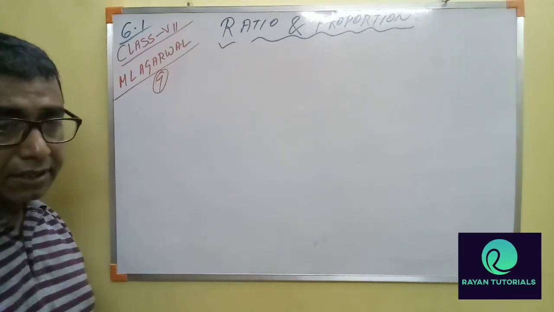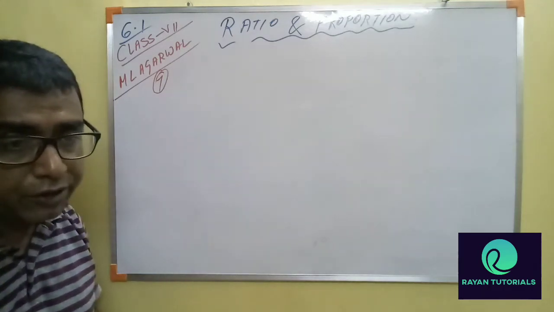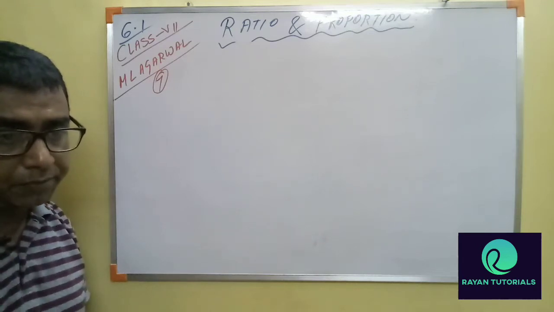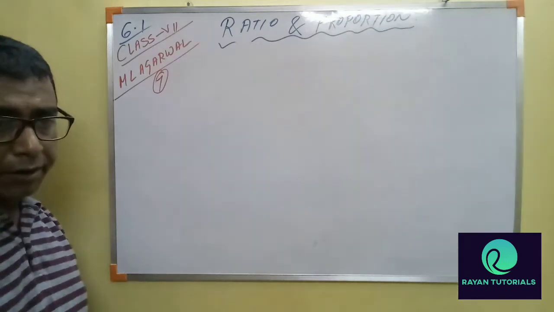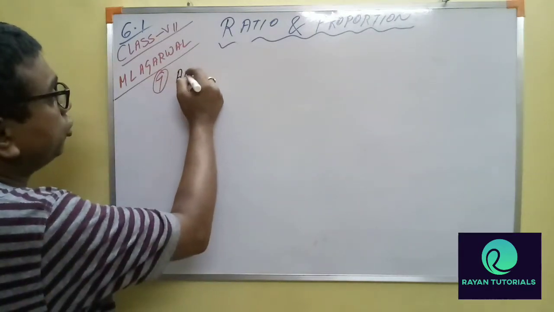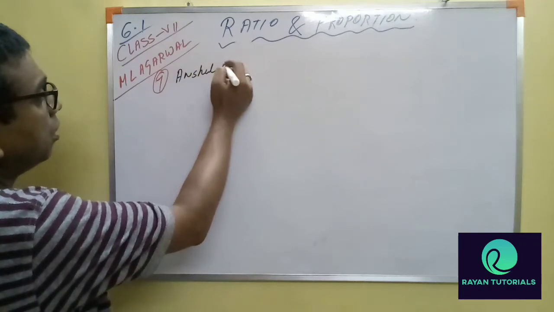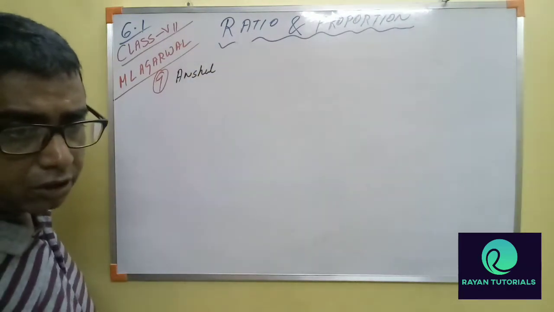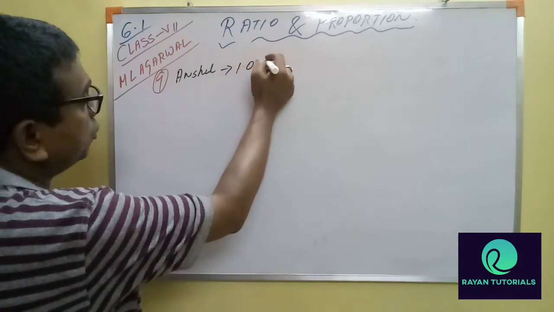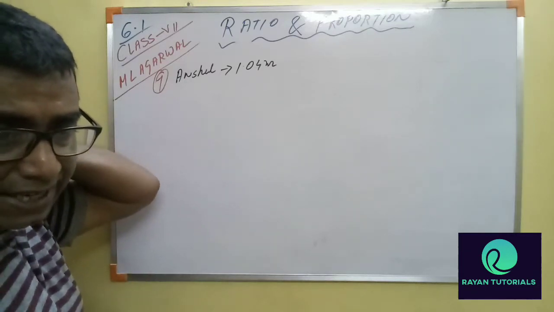Number 9 says, Anshul and Dhruv are 1.04 meter and 78 centimeter respectively. Okay, so the height of Anshul is 1.04 meter, and Dhruv 78 centimeter.